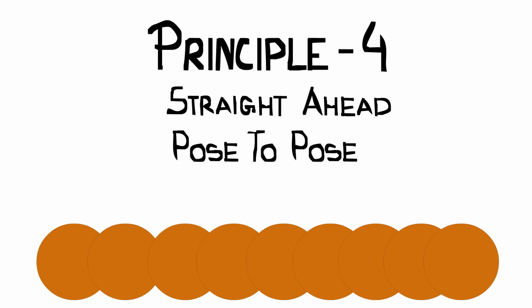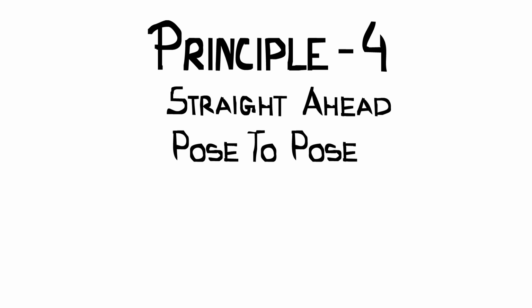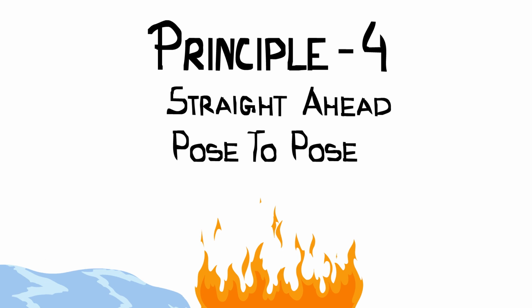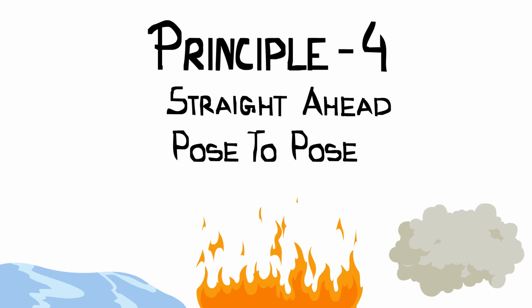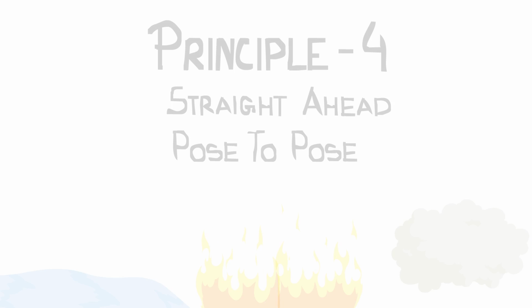So pose to pose gives you more control over your animation, whereas straight ahead can make your animation jumbled. But there is a plus point in straight ahead when you animate the unexpected, like water, fire, or smoke. In those cases, you don't know how the last pose will look.